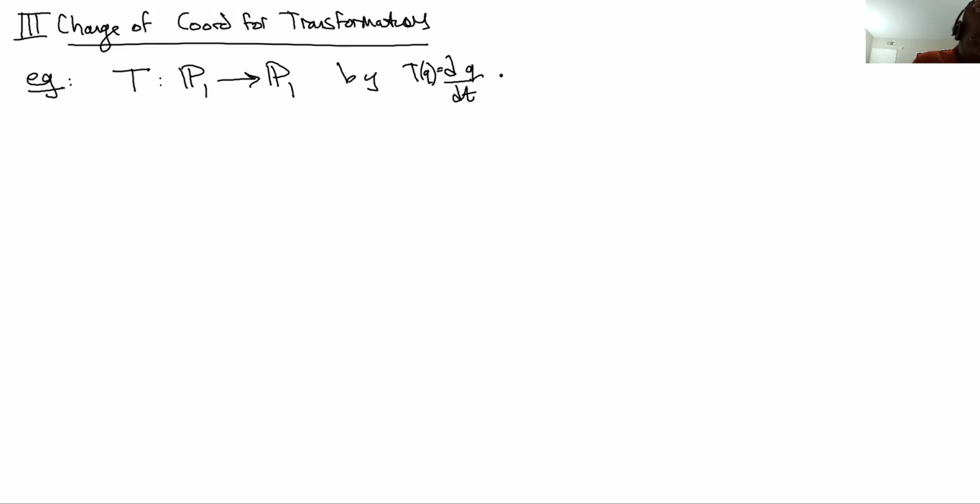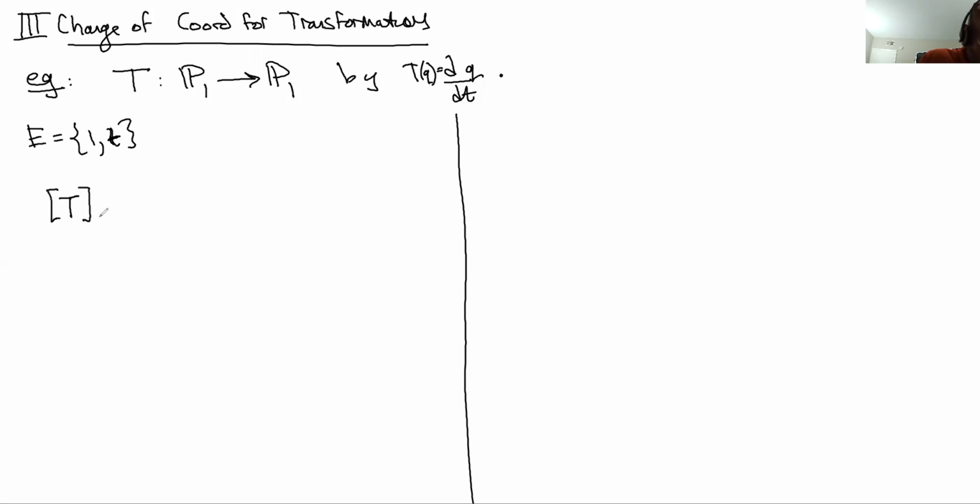Okay. So now the point is, I could describe that in two different ways if I had two different bases for P1. So here's one basis, the standard basis of polynomials, right? And now the matrix of T with respect to this basis, so follow the formula.